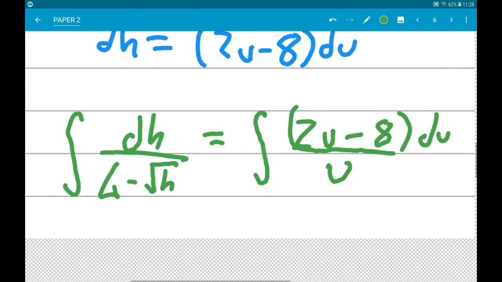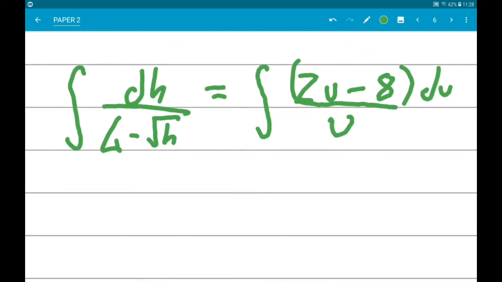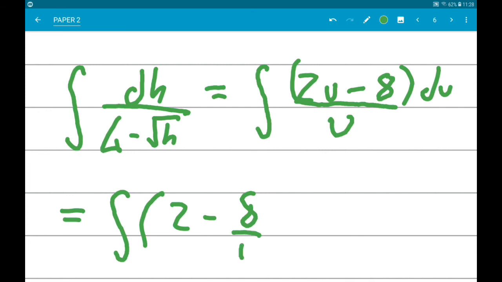So that is the integral of 2u over u, so that's 2, minus 8 over u du.